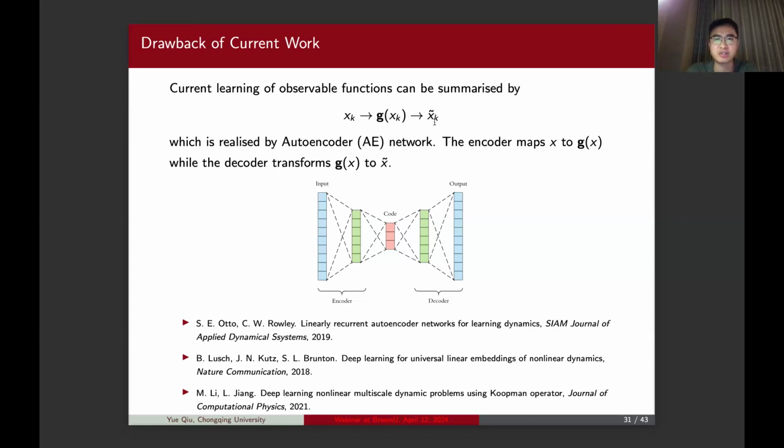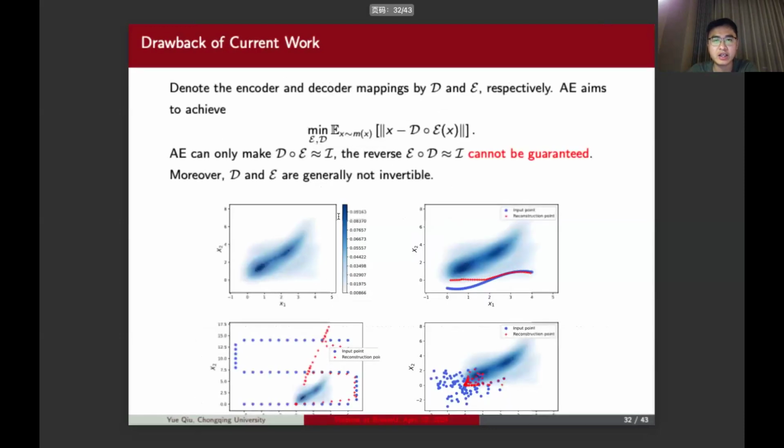This procedure is realized by an autoencoder network, and this autoencoder network is actually a one-way kind of approximation: we have an x as an input, and then we encode it, and then we decode this to get an approximated output as an approximation of the original input.